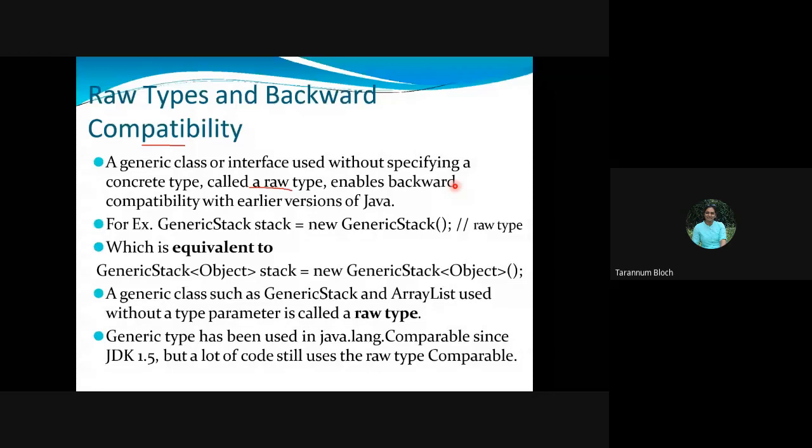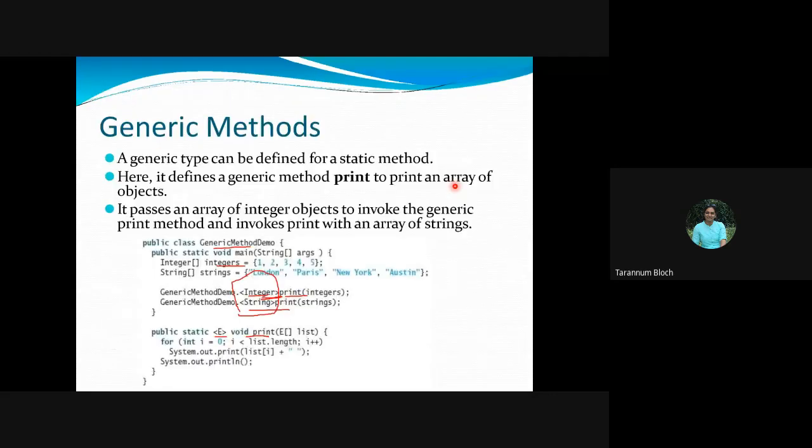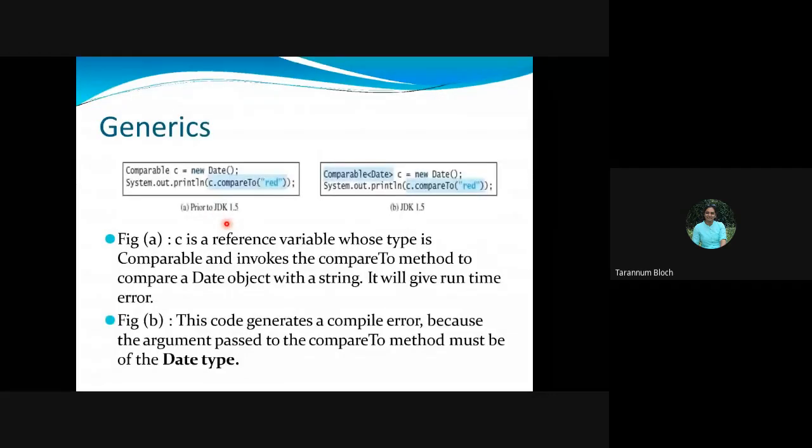Why? Because before JDK 1.5, this was the scenario, right? The angle brackets and the type specification came from JDK 1.5 onwards.